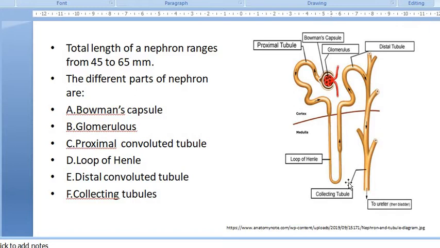A hairpin bend-like structure which has 2 parts is called the Henle's loop or loop of Henle. The next part after the loop of Henle, with one more curve, is the distal convoluted tubule, and this part is the renal tubule, which opens into the collecting duct. This tubule is the collecting tubule which opens into the collecting duct.